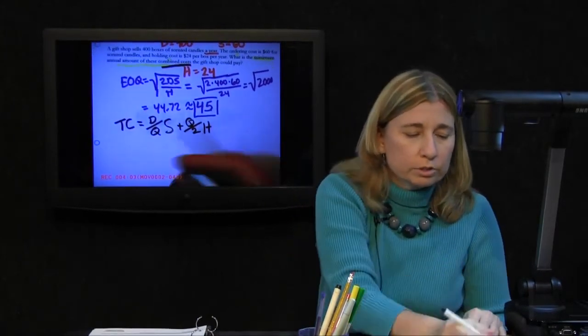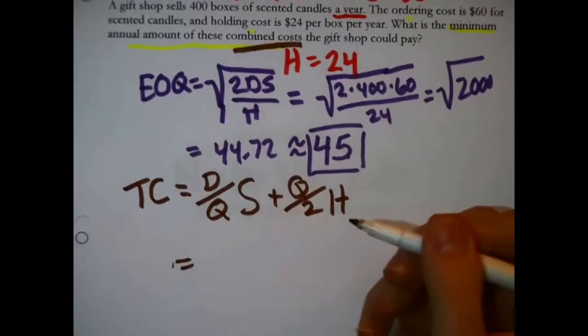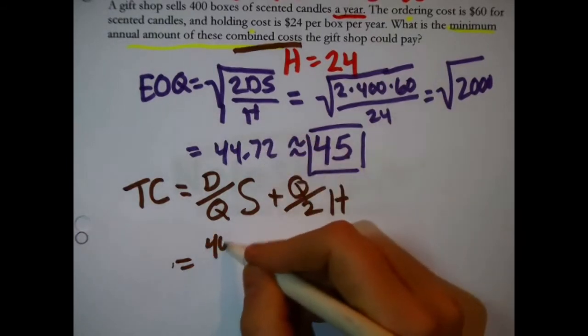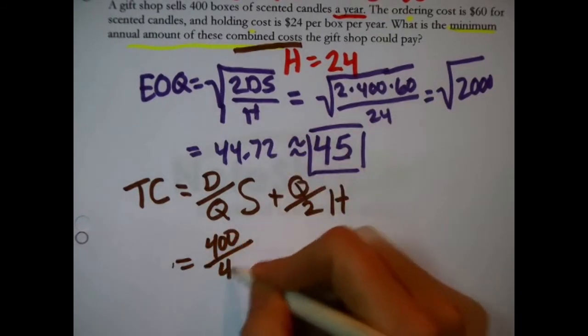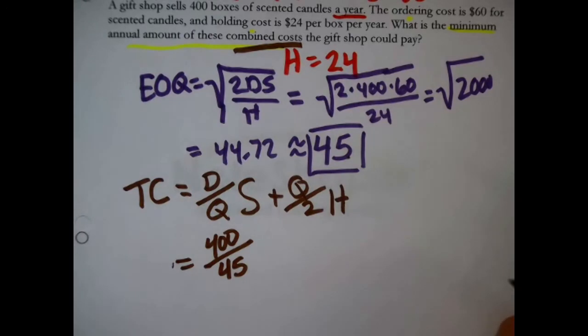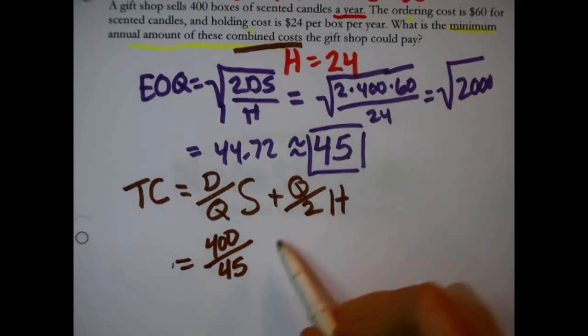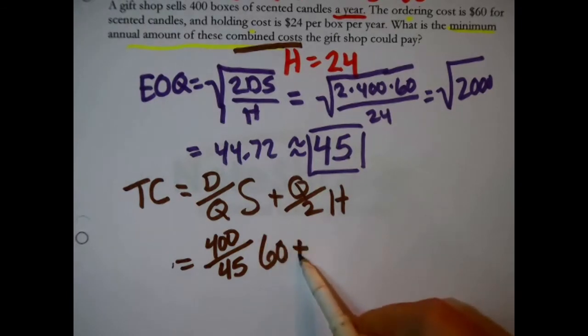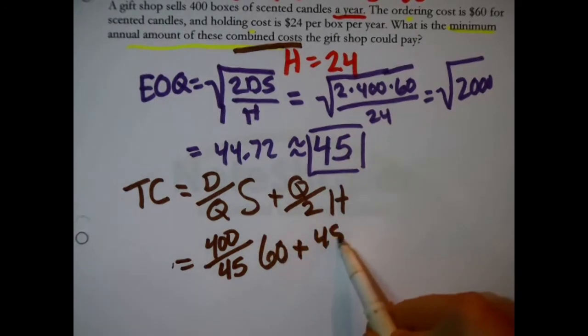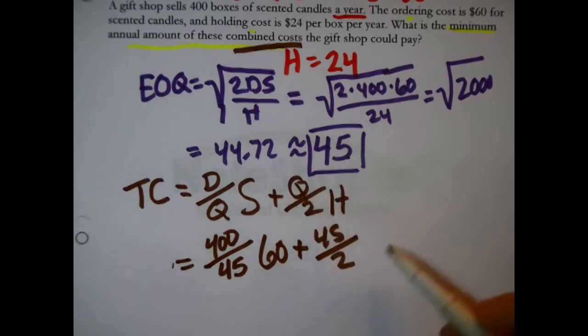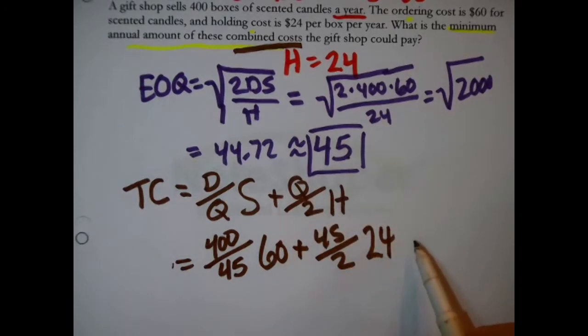Oh, all right. So let's do that. D is still 400. We have just decided their Q will be 45 because that will minimize these costs. S is 60, plus 45 divided by 2, Q divided by 2, times the 24.